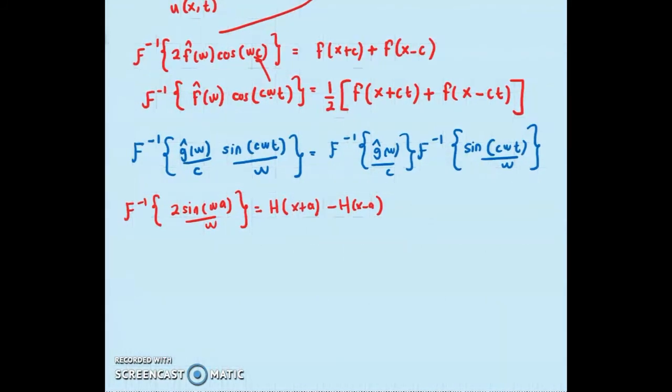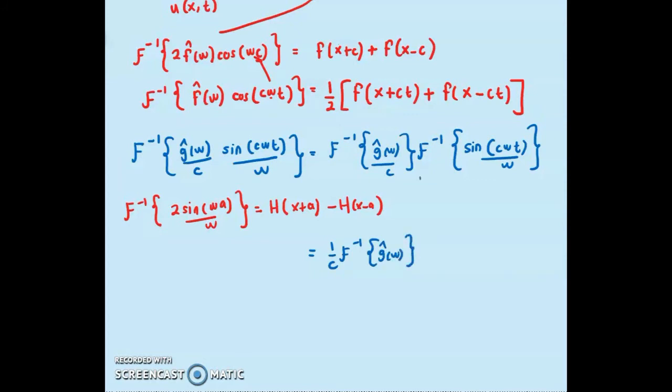So if you look at this equation here, I'm writing it again based on this property. Now this c here, I can bring it outside, so I have 1 over c times the Fourier inverse of g hat omega.